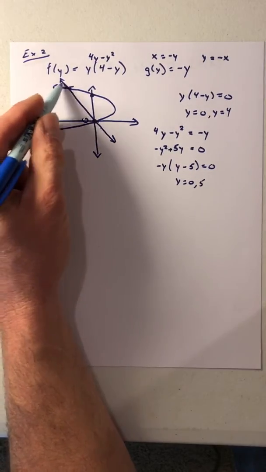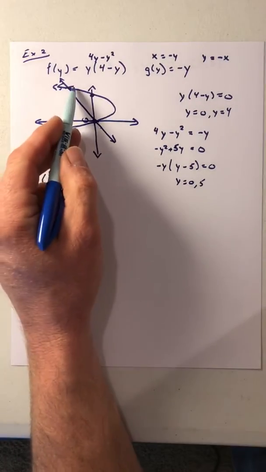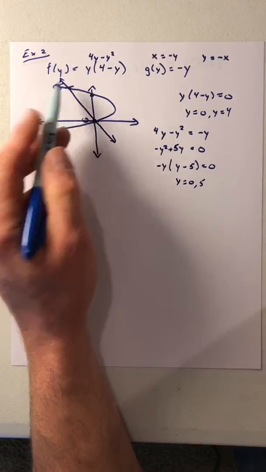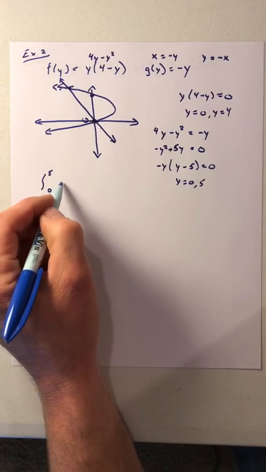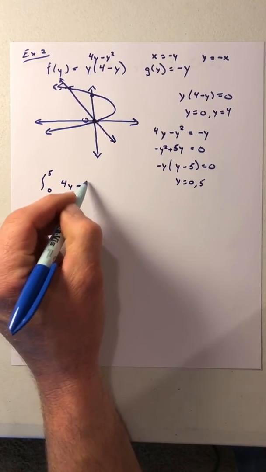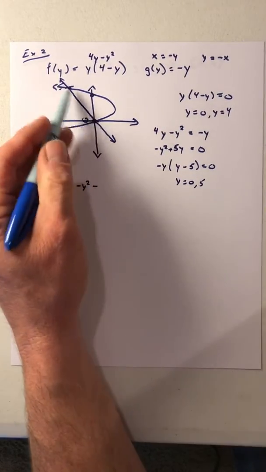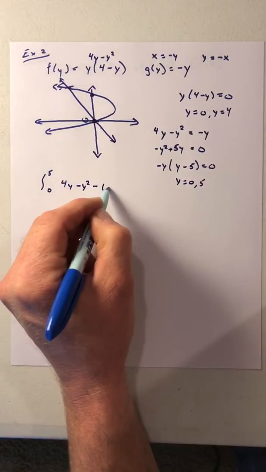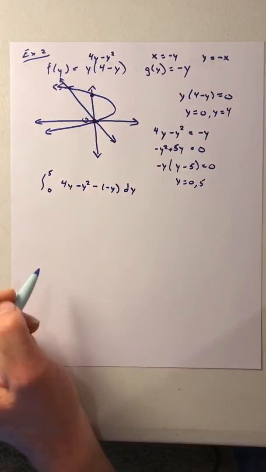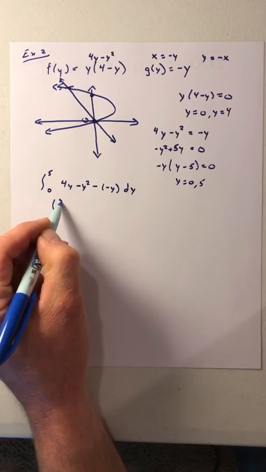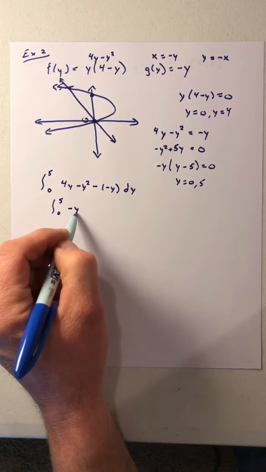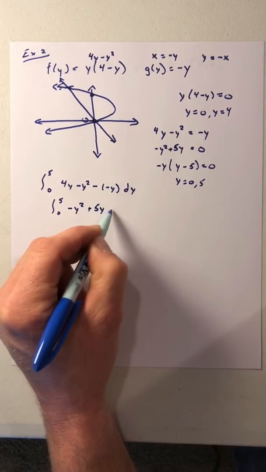There's my 0, there's my 5. My top curve, in this case my right curve, is going to be my quadratic, 4y minus y squared, minus my left curve, which is negative y, dy. Again, integrating from 0 to 5, negative y squared plus 5y dy.